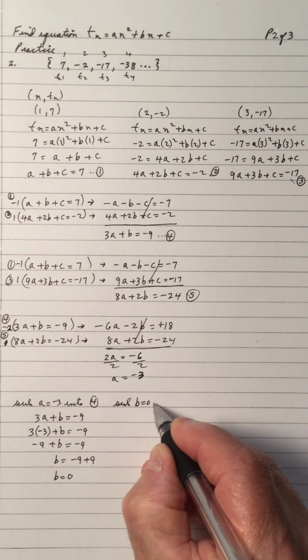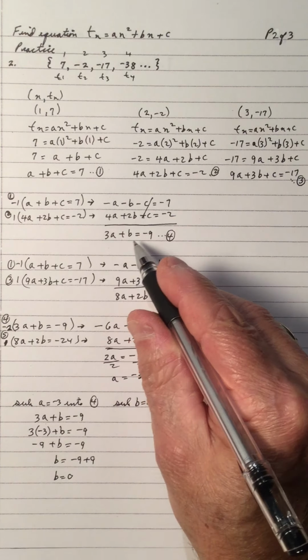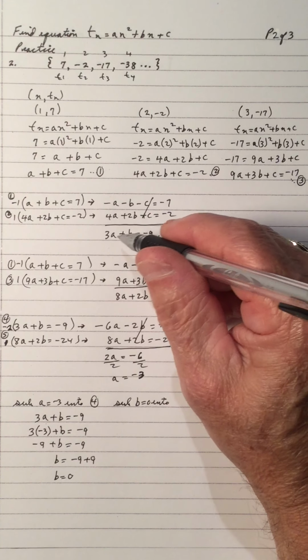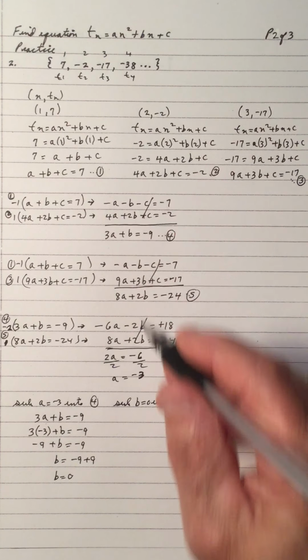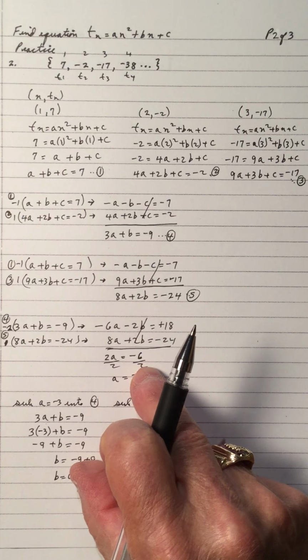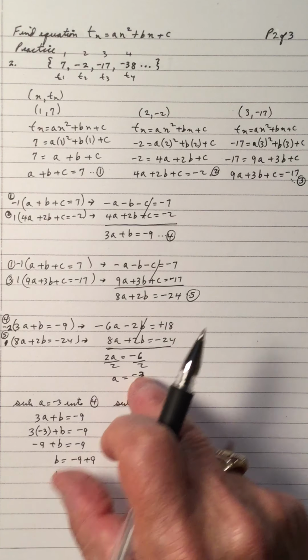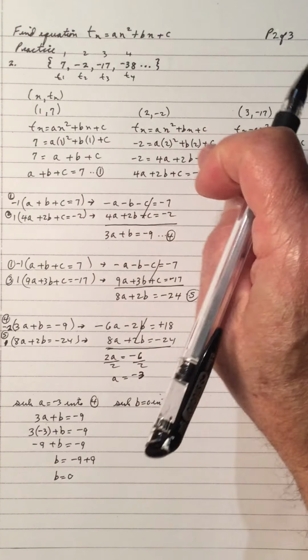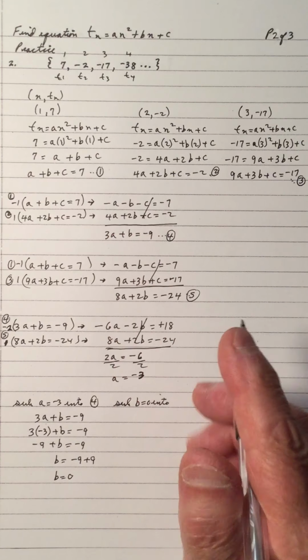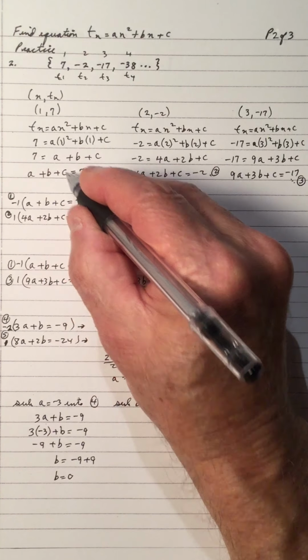Now if I have the A and the B, I don't have my C yet. So I'm going to sub these two values into either 1, 2, or 3. I'm going to sub it into number 1, because number 1 has all 1 coefficients.